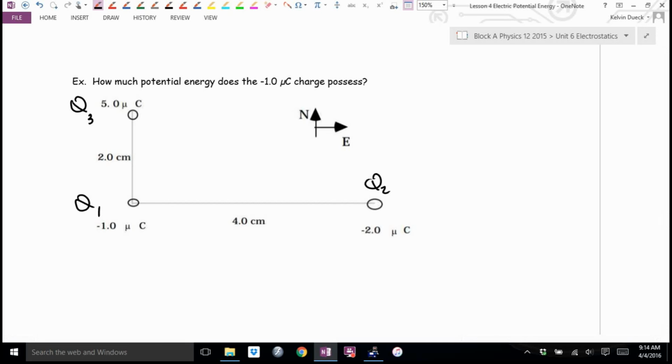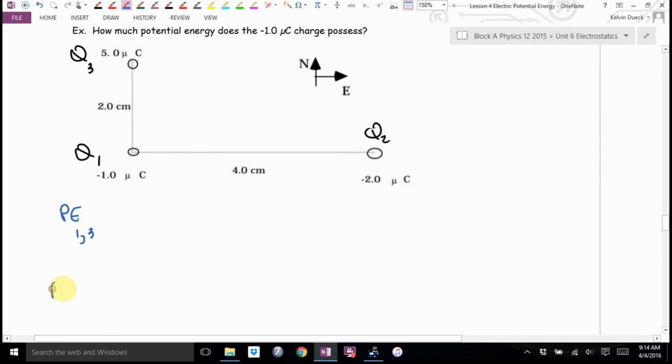I'm going to find the potential energy that charge 1 has from charge 3. I'm going to find the potential energy that charge 1 has from charge 2. And then I'm going to add them together.